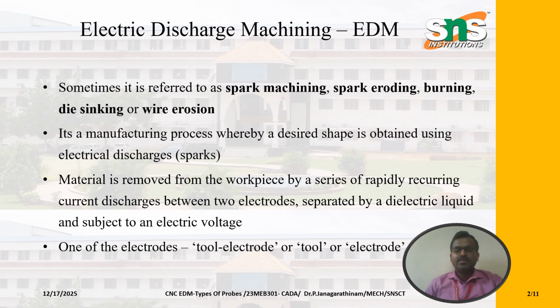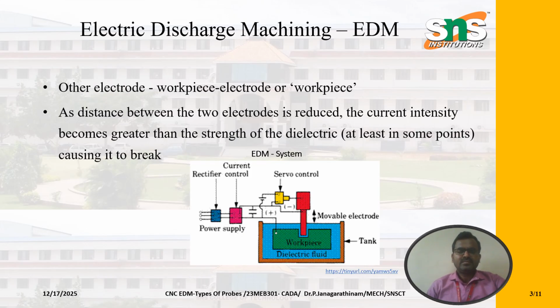We produce an electrical spark between the tool and workpiece, and material is removed from the workpiece by a series of rapidly recurring current discharges between the two electrodes, one being the tool electrode and the other the workpiece electrode. As the distance between these two electrodes is reduced, the current intensity becomes greater than the strength of the dielectric.